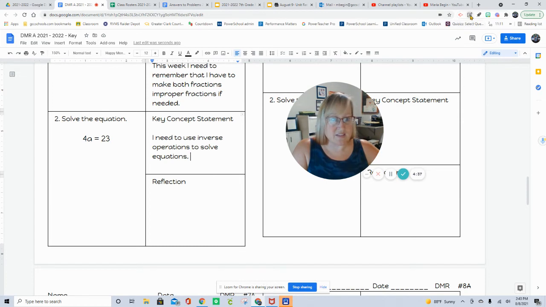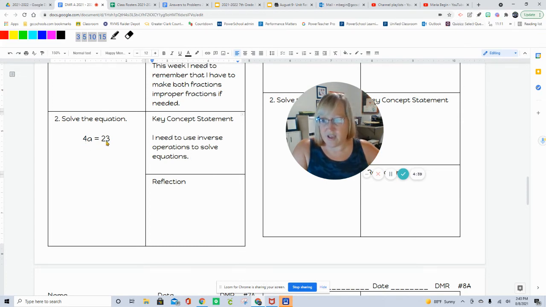So in the case of this one, this is 4 times a equals 23. So I need to use that inverse operation of dividing by 4 for both sides. What happens on this side is I'm left with just the a, technically 1a, because 4 divided by 4 is 1.